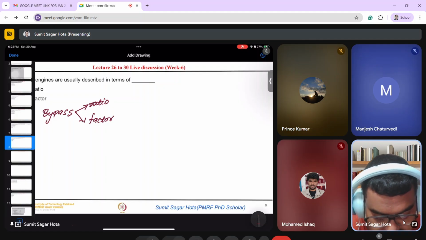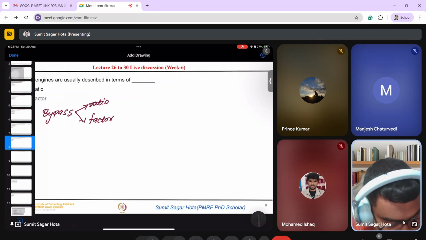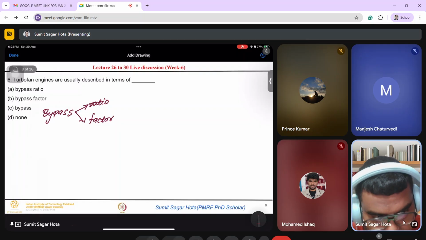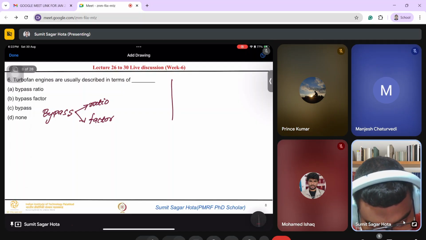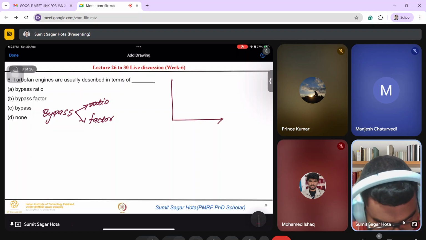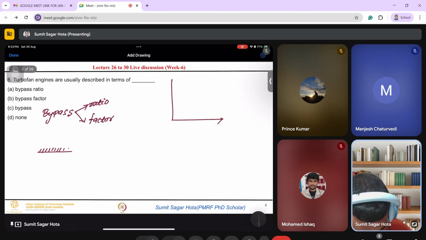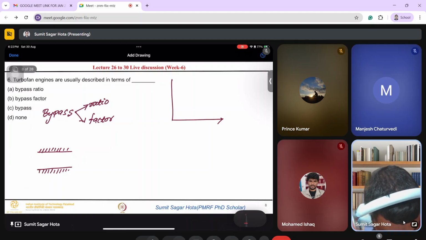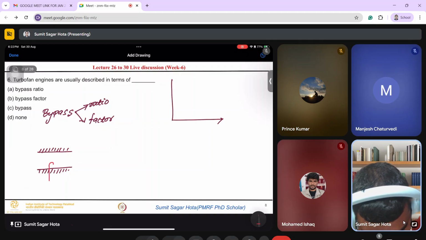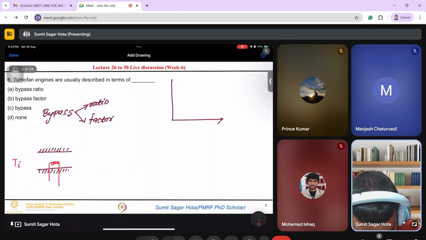First let's talk about the bypass factor. Let the ambient inlet temperature be Ti, and there is an open environment or a kind of heater, having a temperature of Ts. The inlet temperature is Ti.